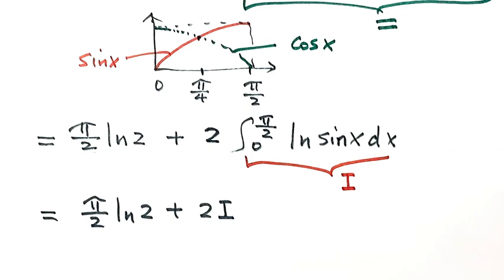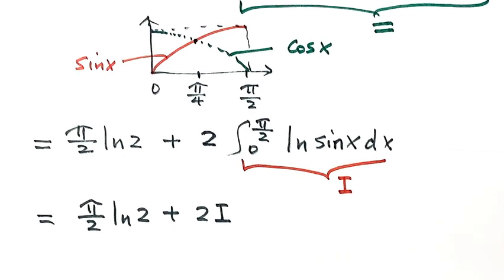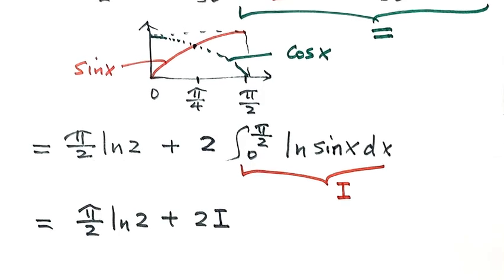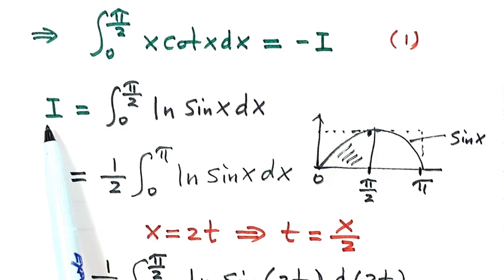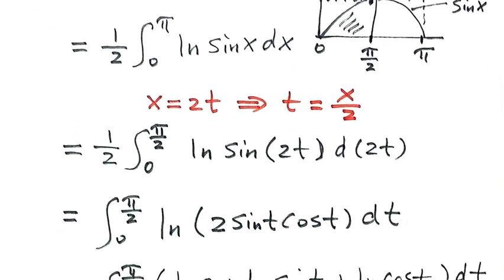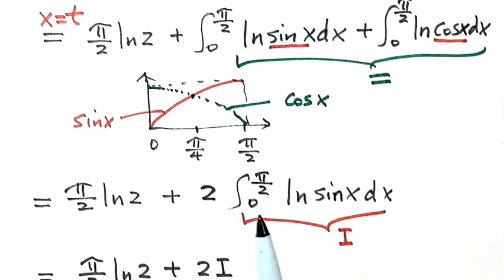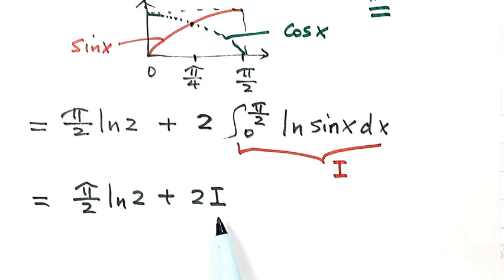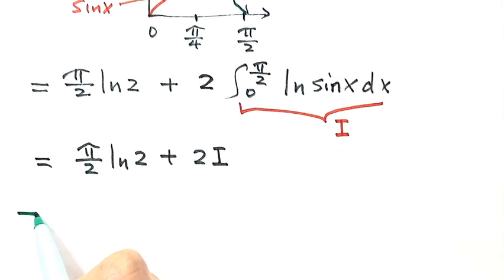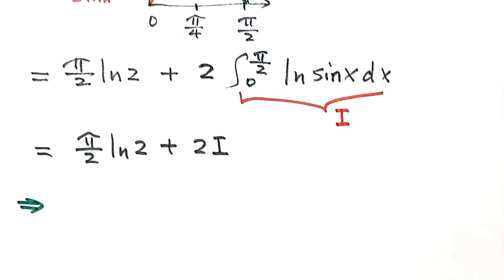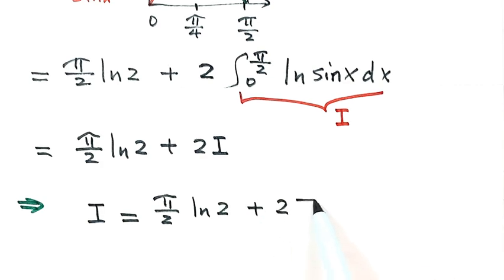Okay, let's look back a little bit, because here we are using a very useful method in calculus. We started from I, then we made some changes, and we end up with an expression containing I. That means now we have an equation for I. I equals half pi log 2 plus 2I.